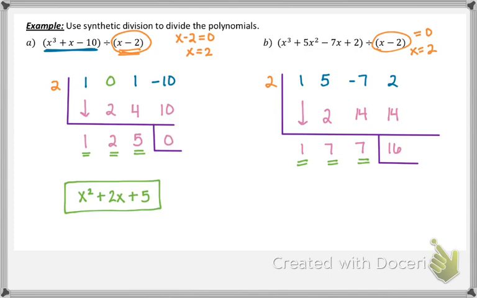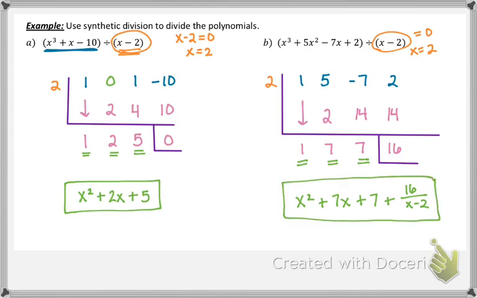So 1x squared plus 7x plus 7, and then my remainder, I'm going to add it as an extra term as a fraction, 16 over my divisor, which is x minus 2. And that's our final answer, if we have a remainder.